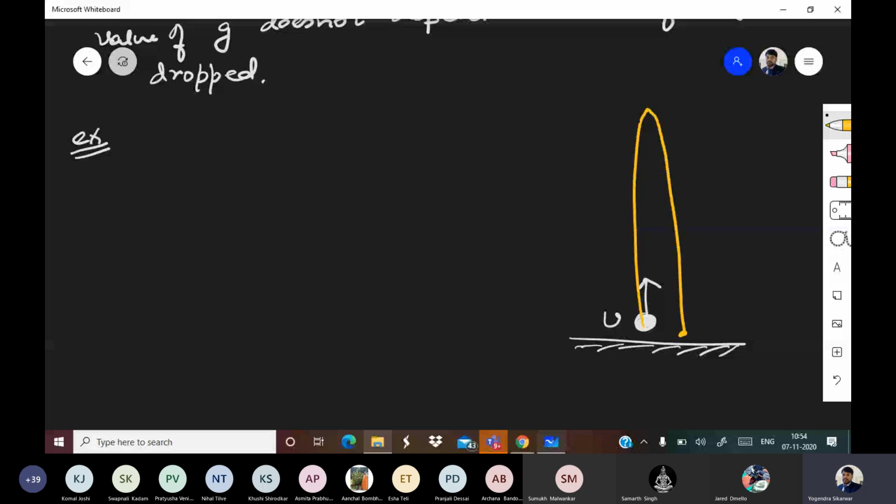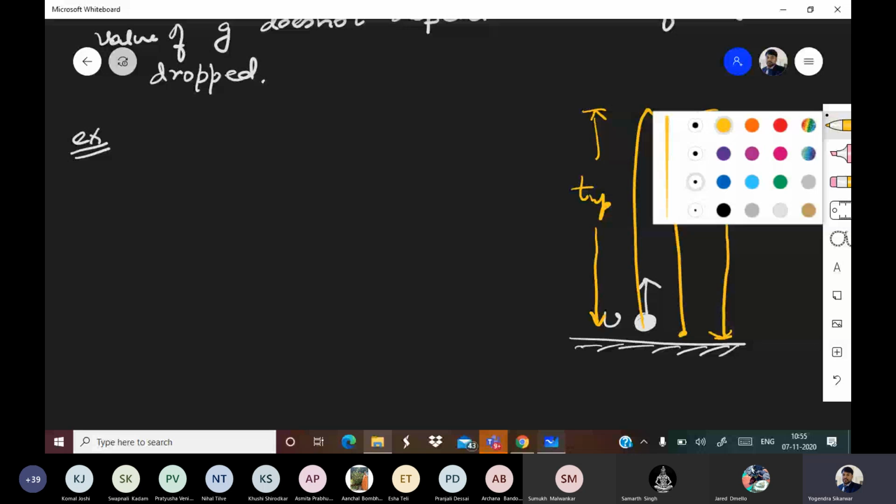The time taken to go up will be called t up, or you may also call it time of ascent, and then time taken to come down will be t down. You may also call it time of descent, and sum total of these two will be t up plus t down, and that will be the total time. Now the height up to which the object is going, that can be called as h max or maximum height, right?